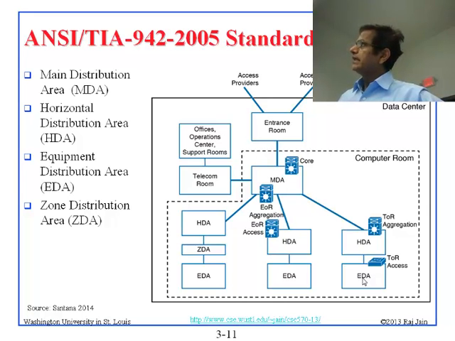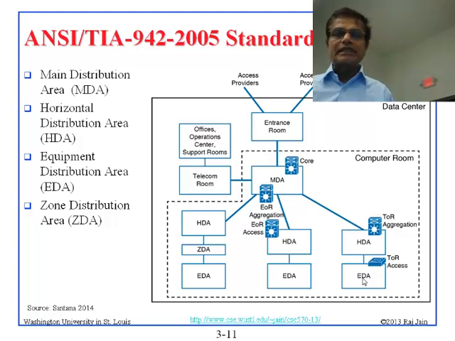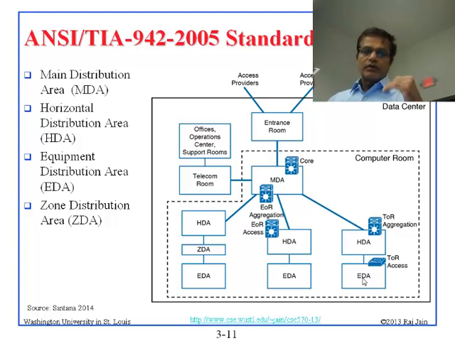Now there is a ZDA. ZDA is the zone distribution area. I don't know exactly what a zone is, so I will have to figure that out, but basically if you divide an area into different zones, then there is a distribution area for that.